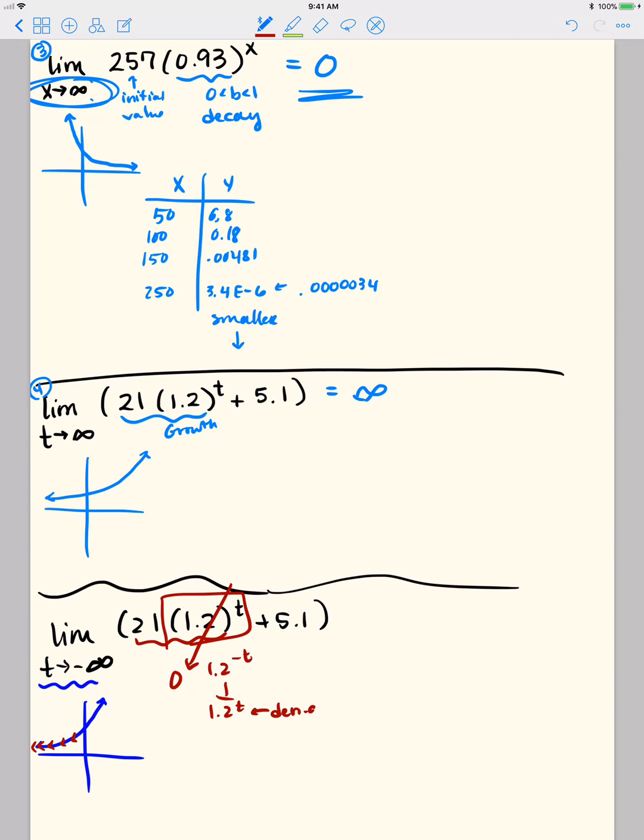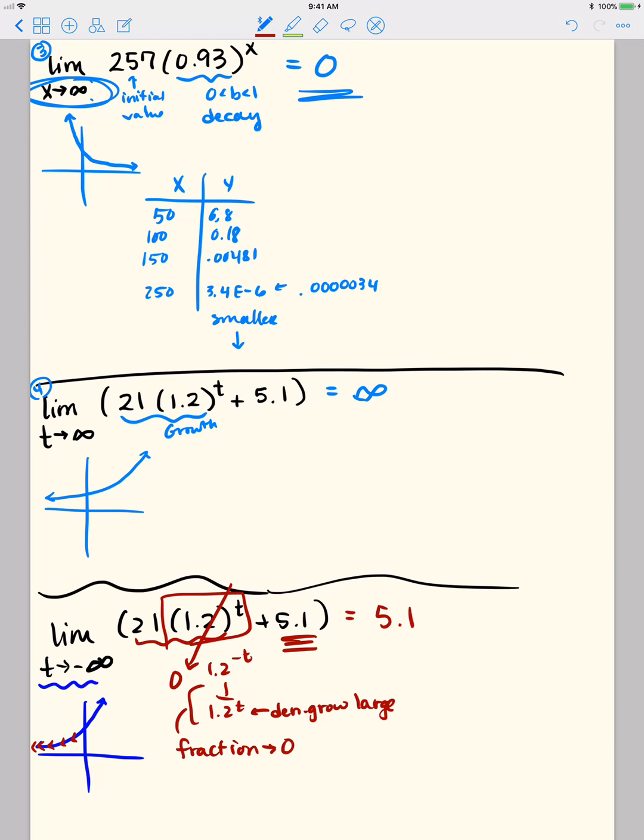The denominator will grow very large, but the fraction as a whole will grow very small and end up approaching 0. So the 21 times 1.2 to the t power portion goes to 0. And if you look at the graph, as the t values get closer and closer to negative infinity, the function values will approach this 5.1 number because the graph itself was shifted up 5.1 units.